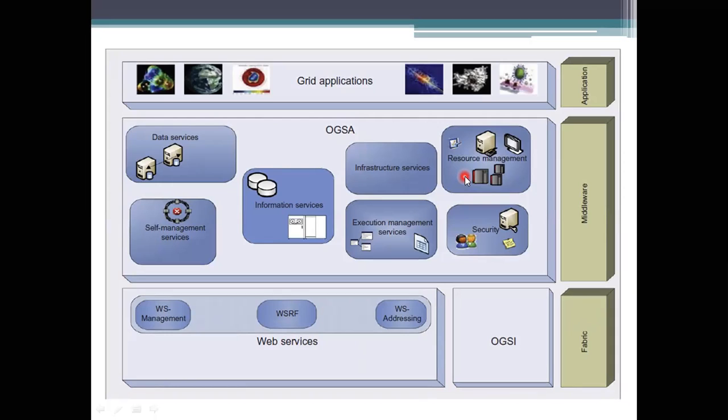And coming to the next one, security services. Here we are making this environment available in a virtual way.